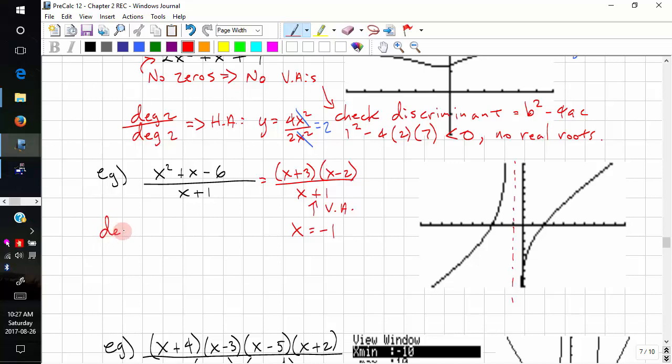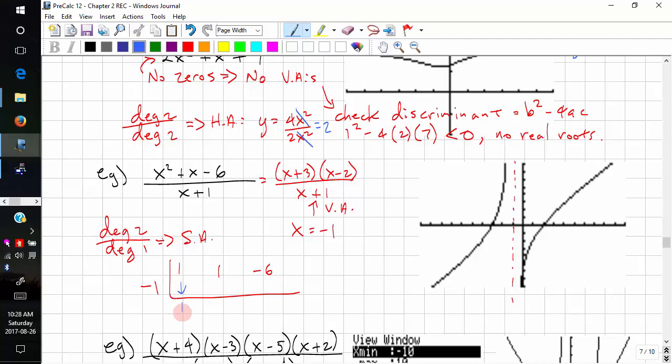We have degree 2 over degree 1. This means we need to compute the slant asymptote because we do have a remainder. So we take the coefficients. 1, 1, negative 6, and we have negative 1. Remember, we change the sign because it's x minus a.